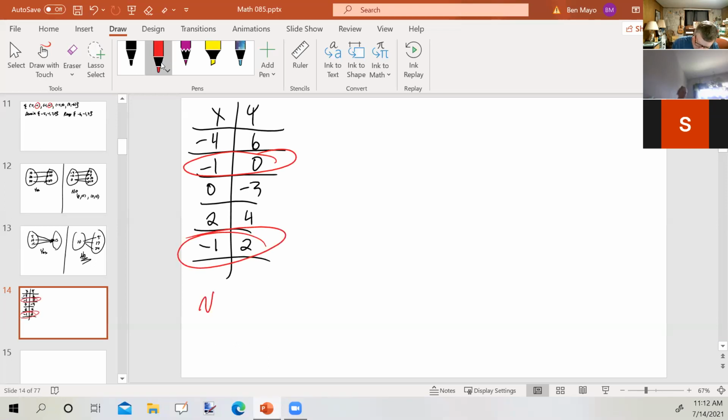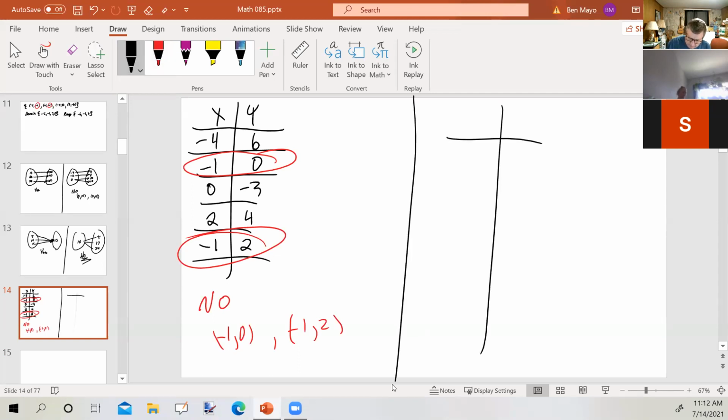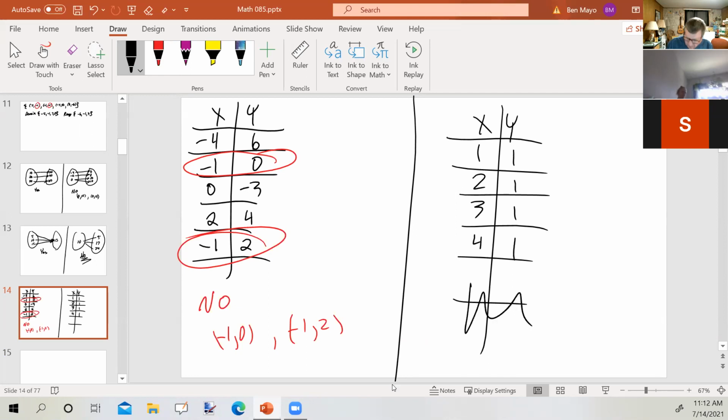Because -1 goes to 0 and -1 goes to 2. You've got one input going to more than one output, so not a function. Now 1, 2, 3, 4. How about that? Is that a function? Yes. 4 different inputs can go to the same output.